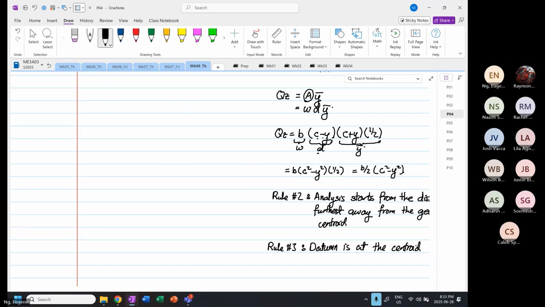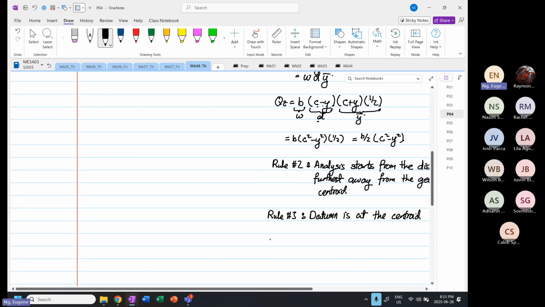And then rule number 4 is that the positive first moment of area cannot cross the centroid.